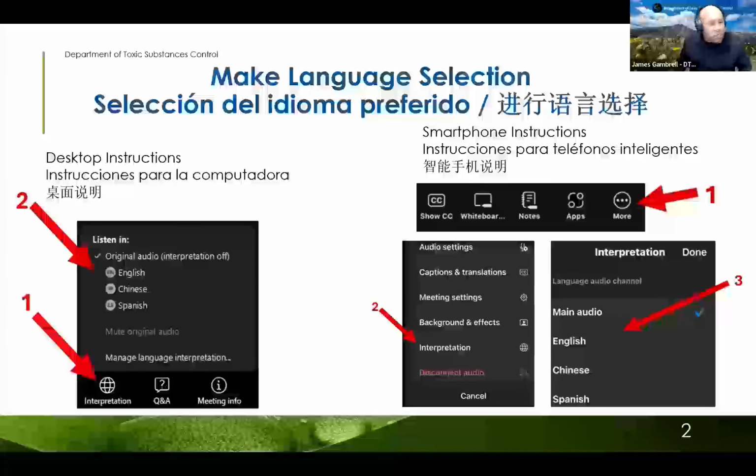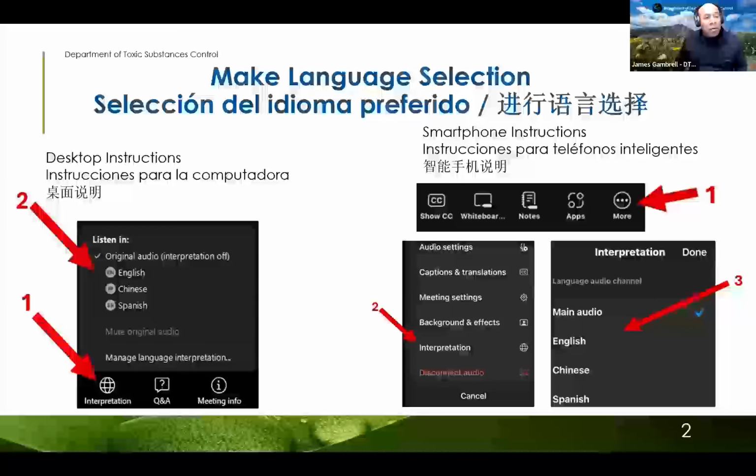In order to continue listening to the presentation, you'll need to make a language selection. For those of you on a desktop or laptop, if you hover your mouse at the bottom of your screen, the menu will pop up and you'll see a little globe icon at the bottom. Once you choose the globe icon, you'll be able to choose your language of choice.